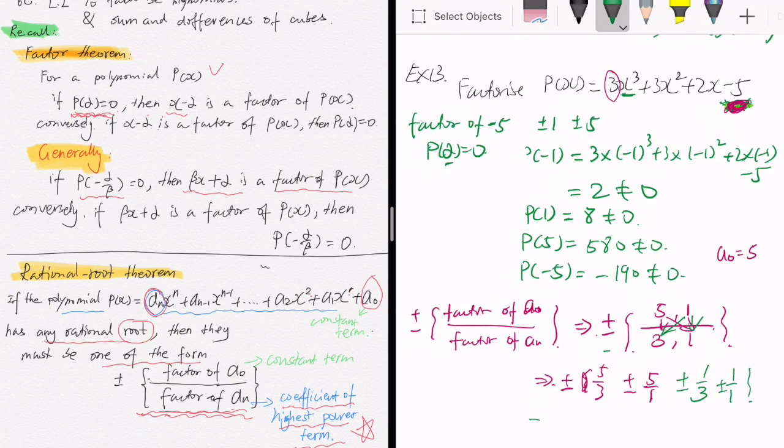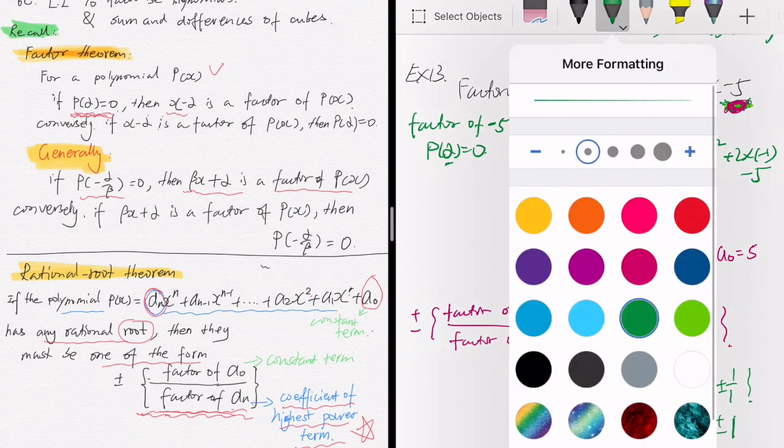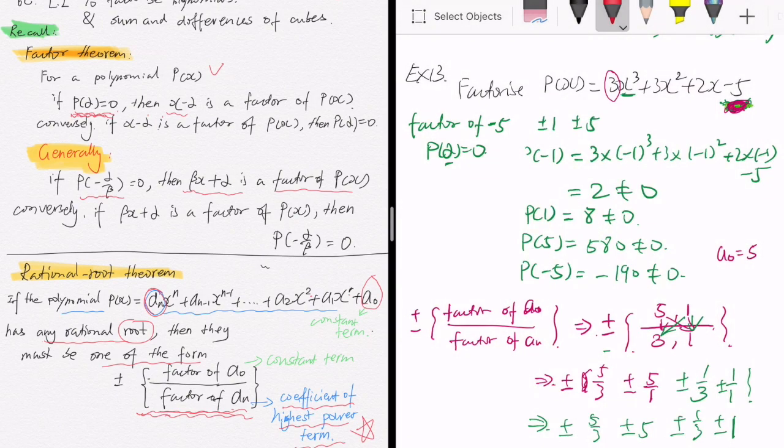If you simplify, you have positive negative 5 over 3, positive negative 5, positive negative 1 over 3, positive negative 1. We actually already tried positive negative 5 for the factor theorem earlier, and we also tried positive 1 and negative 1.